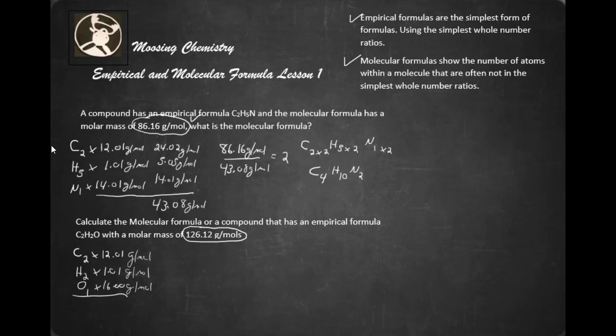So when we do all this, this is going to give me 24.02 grams per mole and 2.02 grams per mole, and this is going to give me 16.00 grams per mole. Alright, when we add this all up together, we get 42.04 grams per mole.